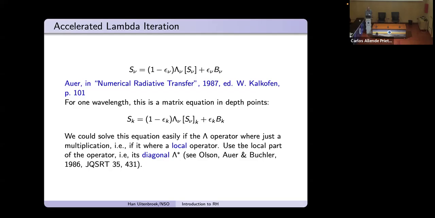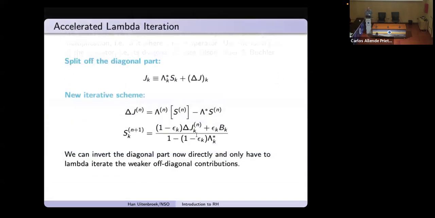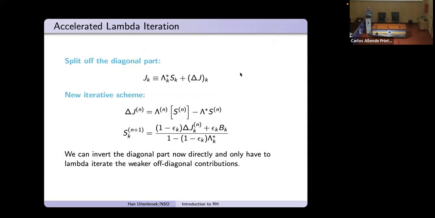In that case, you could just bring this part to the other side and find a solution for S. However, this is not true, because radiative transfer tells you that radiation in one location of the atmosphere can come from very different areas in the atmosphere. And so we have to find a more general solution to that.